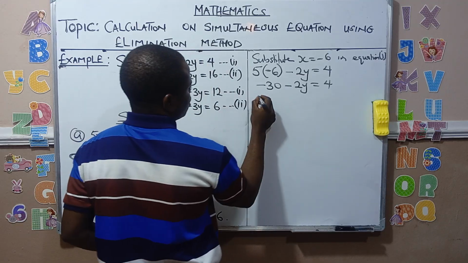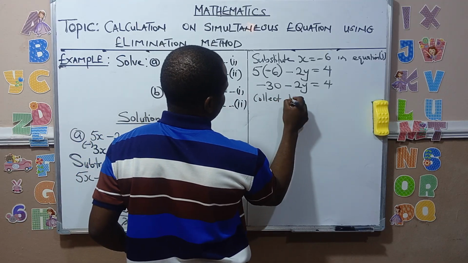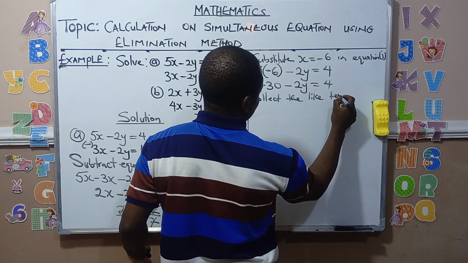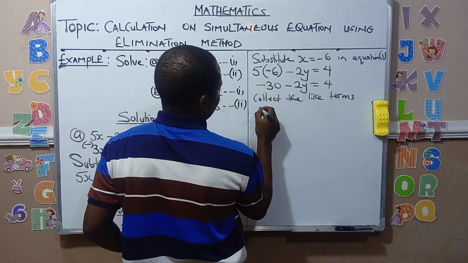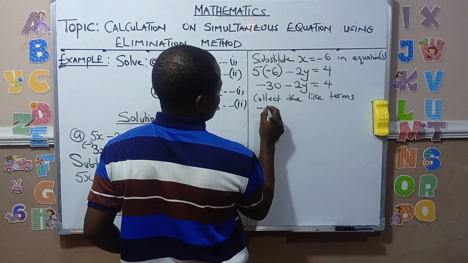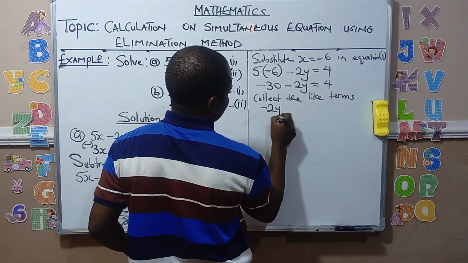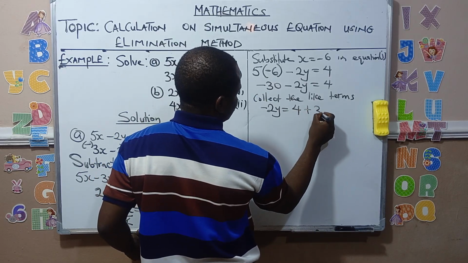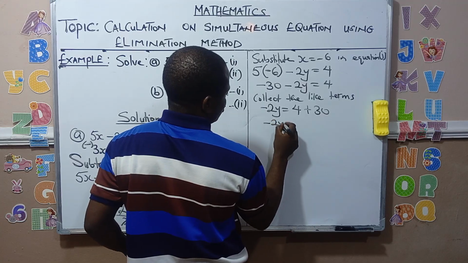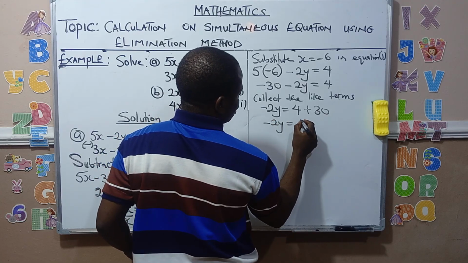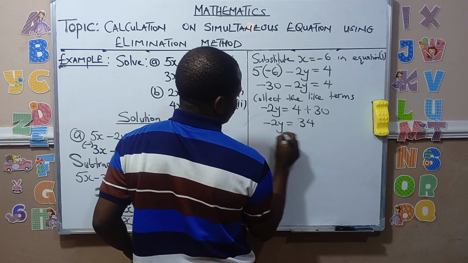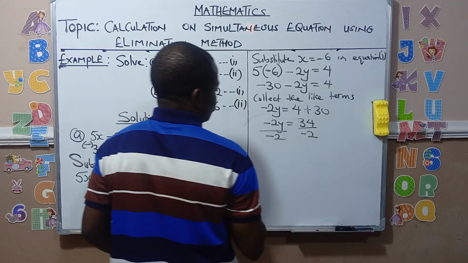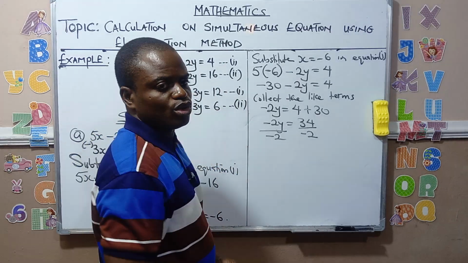Let's collect the like terms. Minus 2y equals 4 minus 30; crossing the equals sign turns it to positive, so minus 2y equals 4 plus 30, that is 34. Divide both sides by minus 2. Minus 2 cancels minus 2.